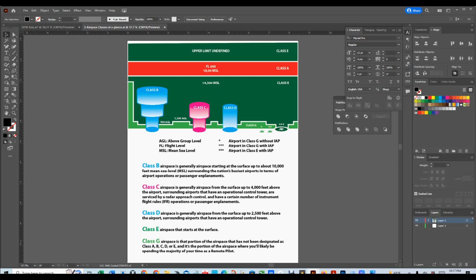The airspace around the busiest U.S. airports is classified as ICAO Class B, and the primary airport, one or more, for which this airspace is designated is called Class B Airport. As of January 2023, there are 37 Class B airports in the United States.